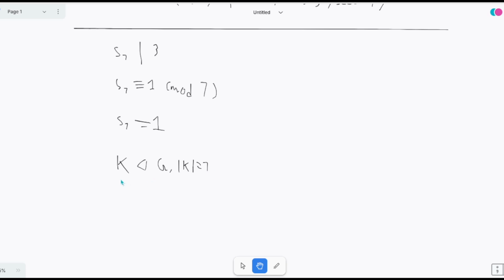So let's say x, and if we try to apply the third theorem to n3, we get n3 divides 7, and n3 is 1 mod 3.